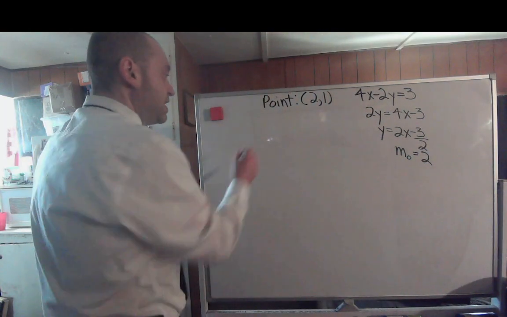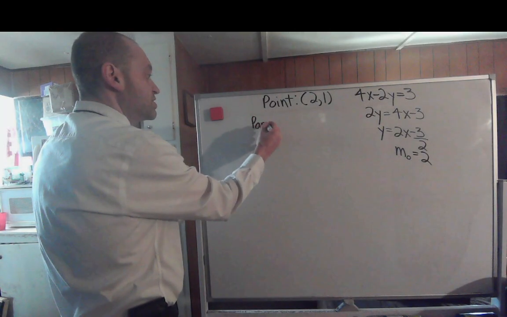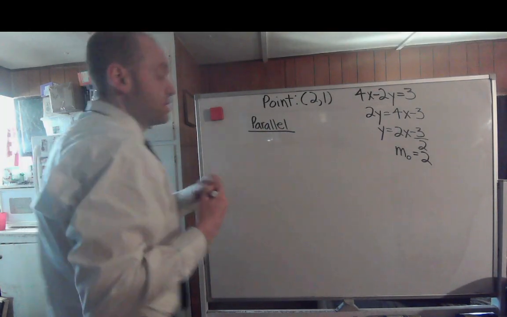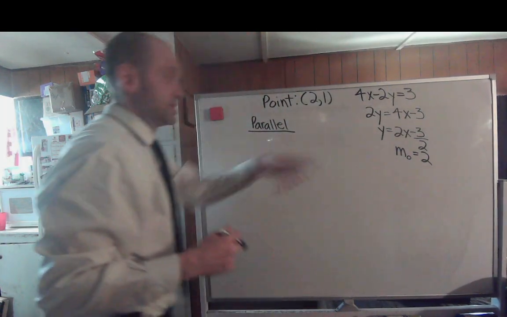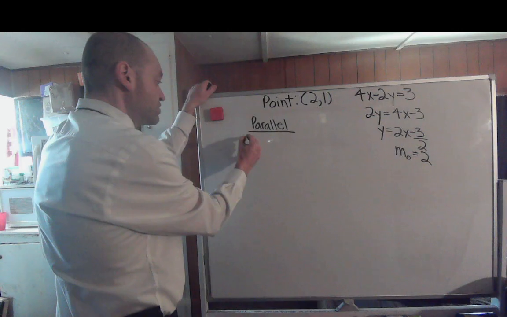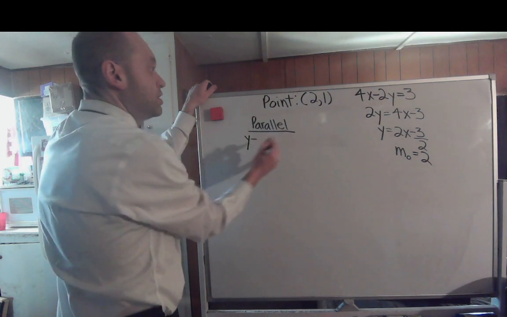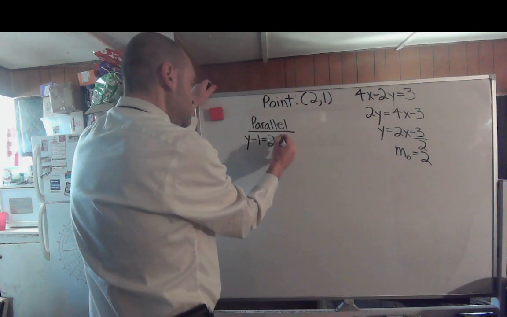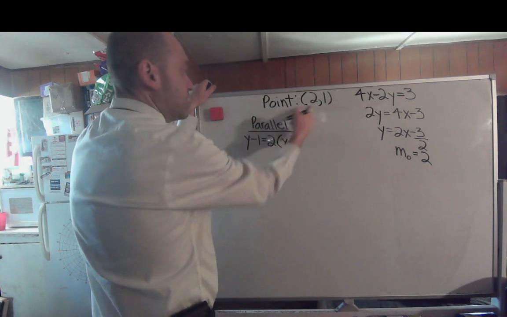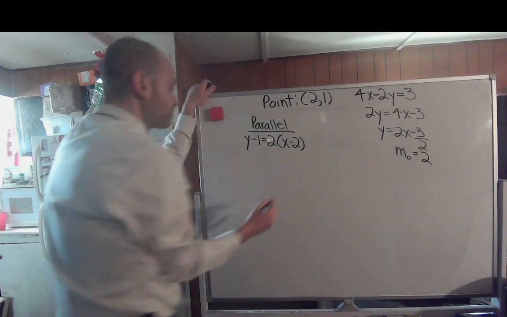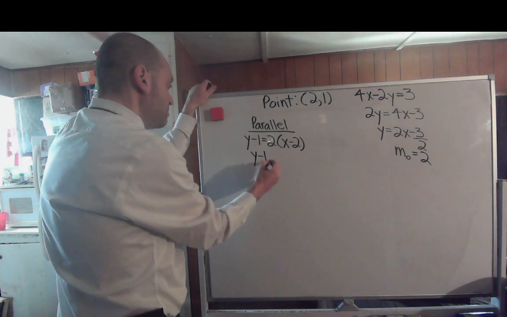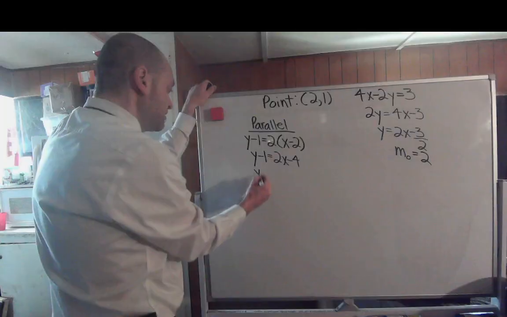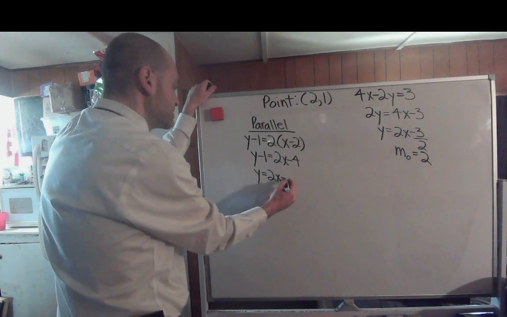If we're going to find a line parallel to that line through the point 2, 1, that means we have to have the same slope as this line, right? So that means y minus your y sub 1, which is 1, would have to equal your slope of 2 times your x minus your x sub 1, which is 2. So that would give you y minus 1 equals 2x minus 4, which would give you y equals 2x minus 3.